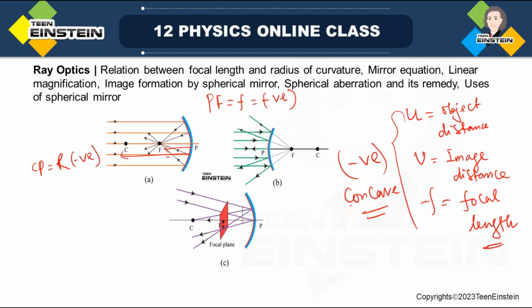But all these parameters will be positive in case of a convex mirror.